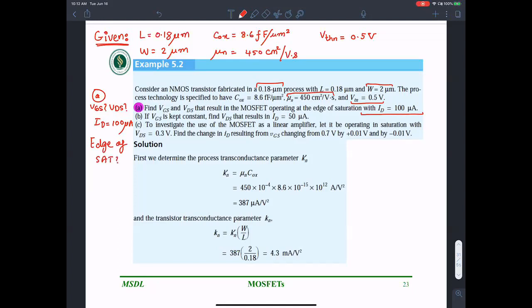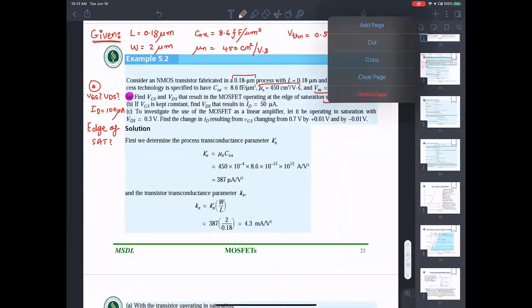What's the value of VGS and VDS? We'll do problem A first and then come back to worry about problems B and C. Questions so far, please.